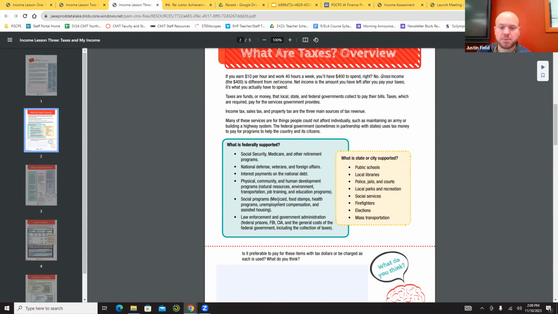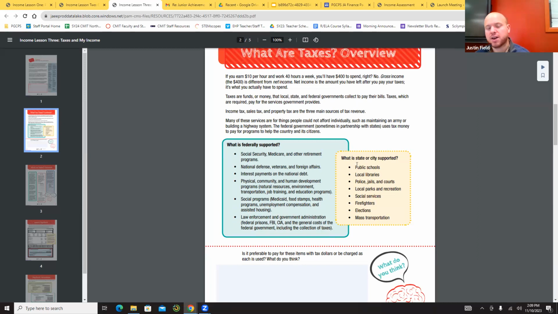Social programs like Medicaid, food stamps, health programs, unemployment compensation, and assisted housing. Law enforcement and government administration, federal prisons, FBI, CIA, and the general cost of the federal government, including the collection of taxes.